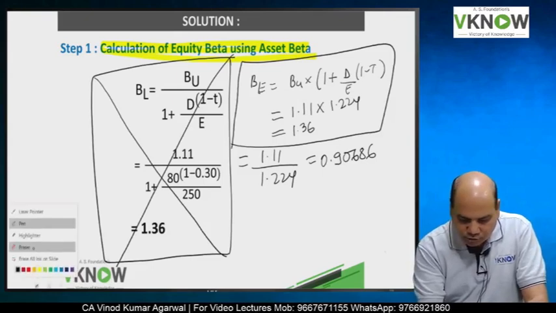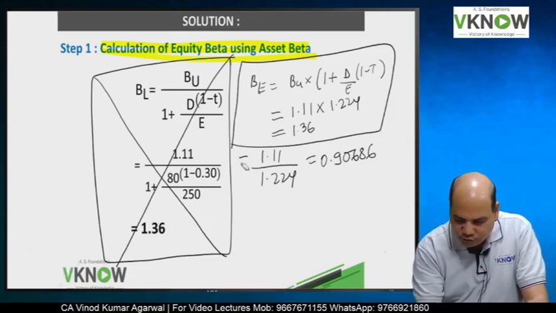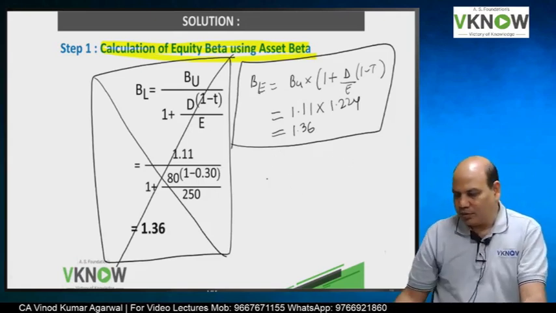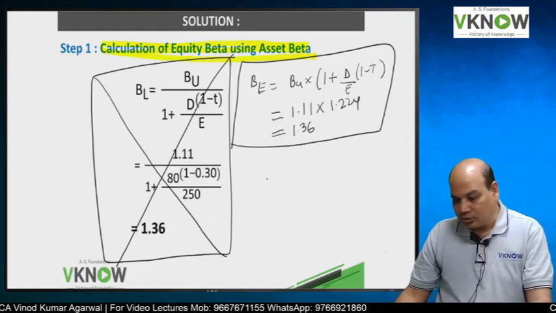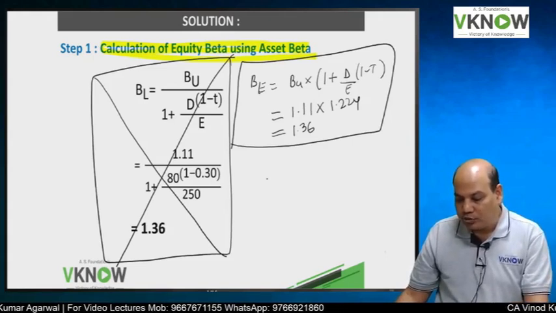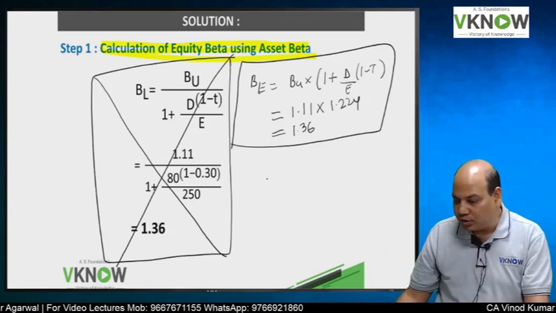Beta of equity has to be more because the firm is using debt. So overall beta is 1.11. Beta of equity has to be higher because the firm is using debt.